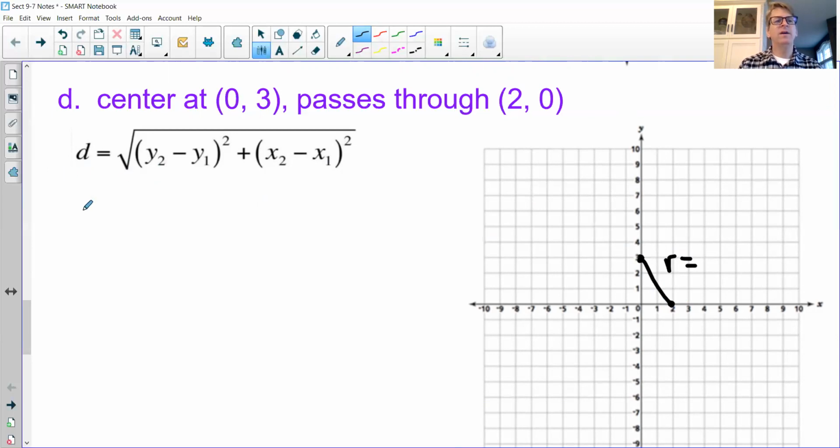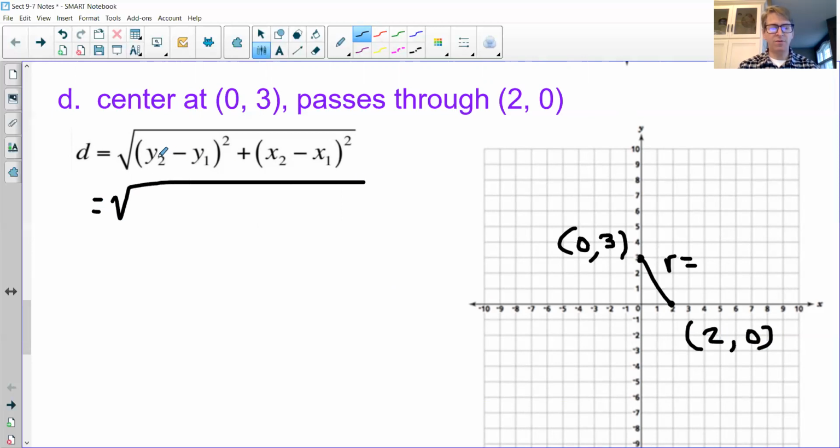So I'll go ahead. The distance between this point 0, 3, and this point here, which is 2, 0, will be the following. The square root of y of 2, which is 0, minus y of 1.